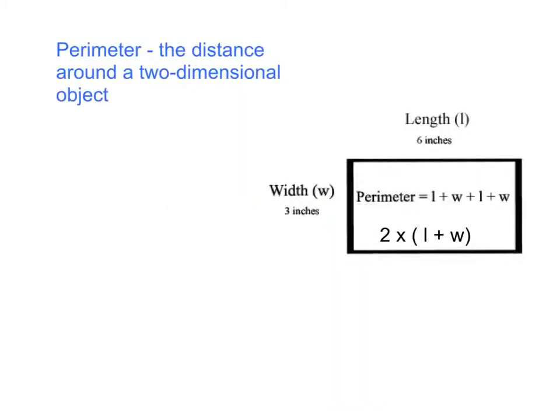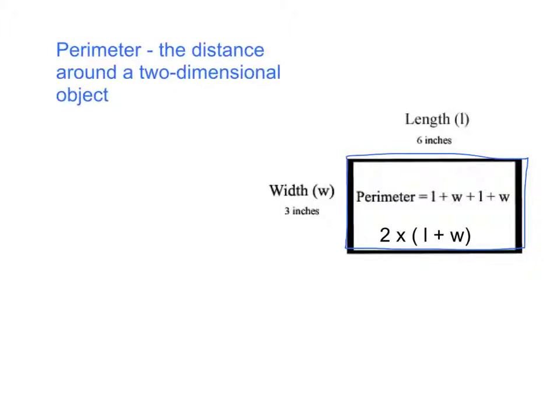Okay, now we're ready to move on to perimeter. We're going to find the perimeter of a rectangle. Perimeter really of any two-dimensional object is the distance around that two-dimensional object. So we're talking about it's like having a fence around a yard, and you're measuring the length and the width of both sides.